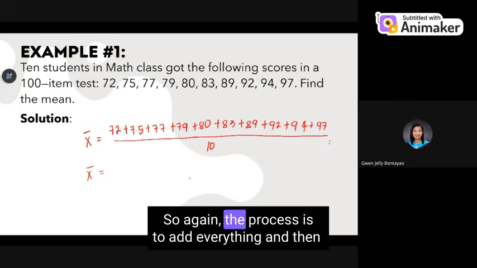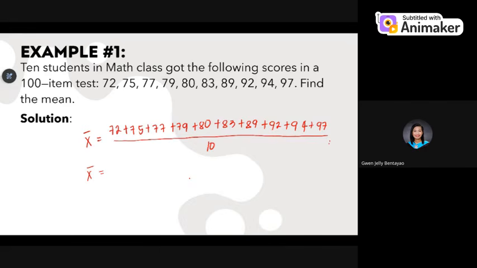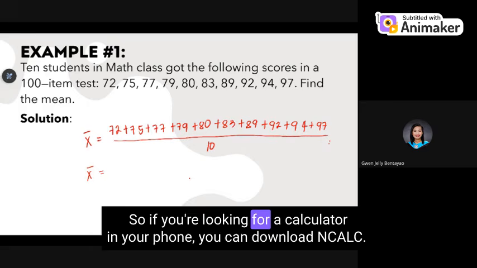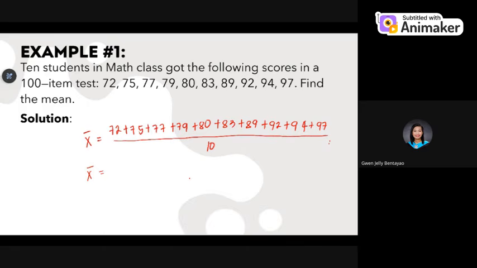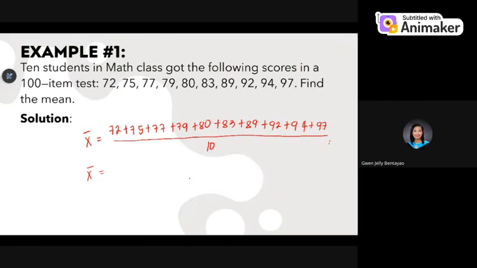Again, the process is to add everything and then divide by the number of data in this data set. If you're looking for a calculator on your phone, you can download NCalc, but during the exam I would be requiring you to have a scientific calculator.